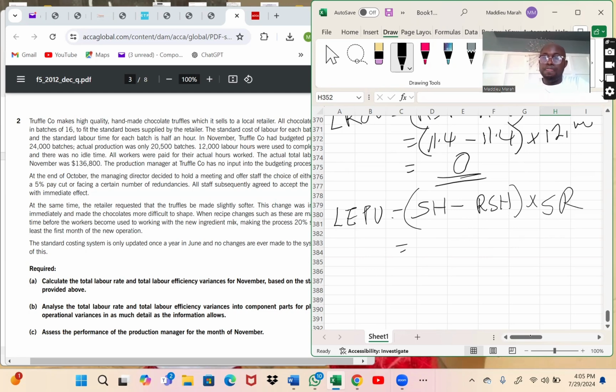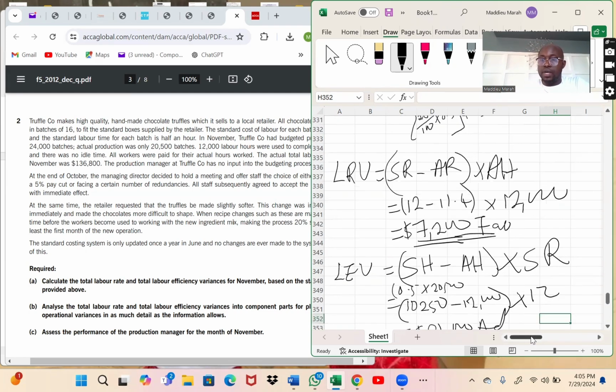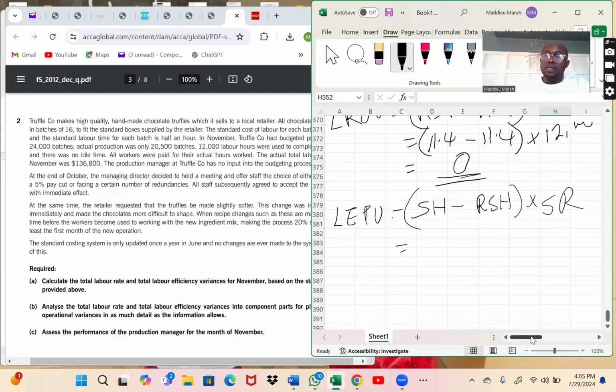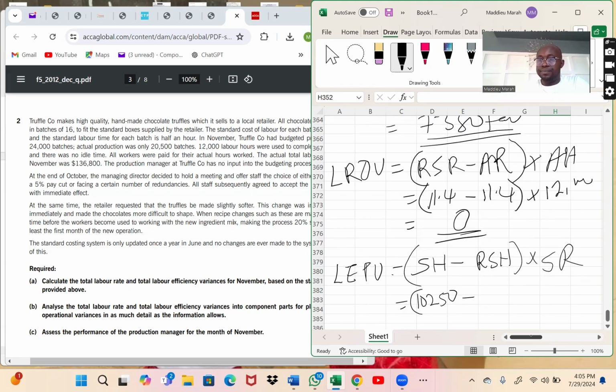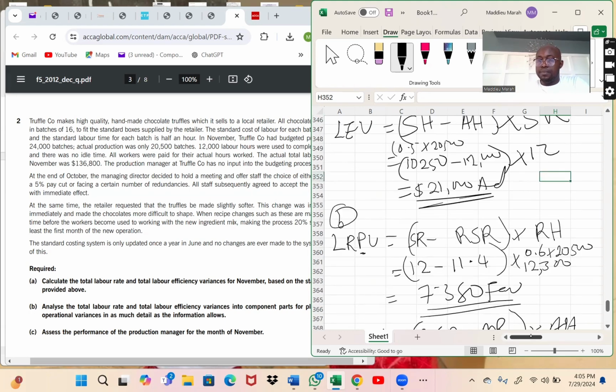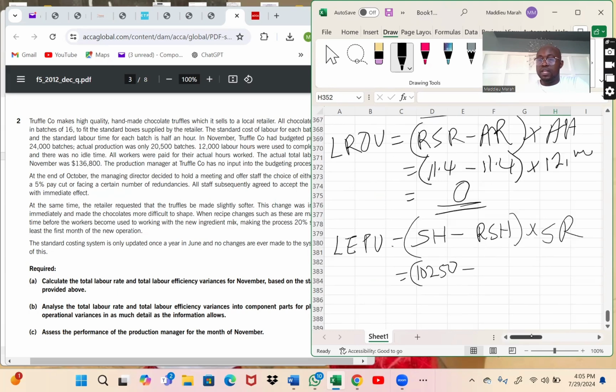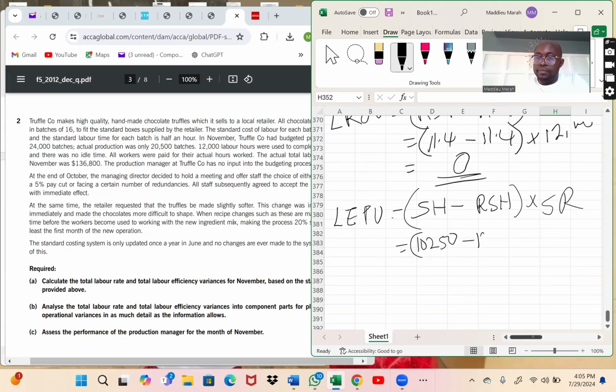Standard hour is 10,250 minus our revised standard hour, which we said is 12,300, multiplied by our standard rate, which remains 12, unchanged.